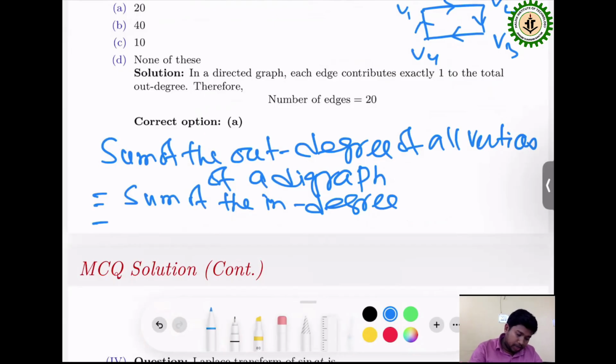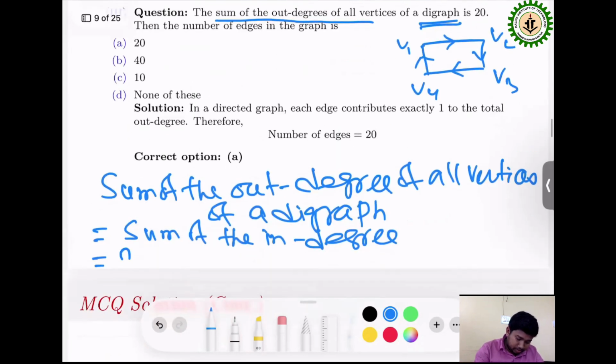It is also equal to the number of edges.